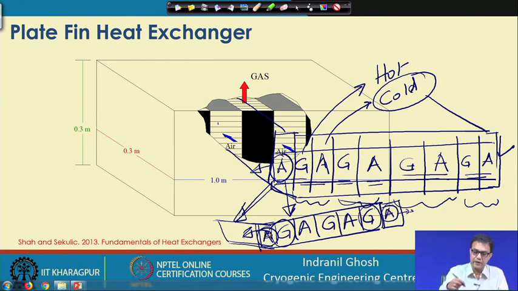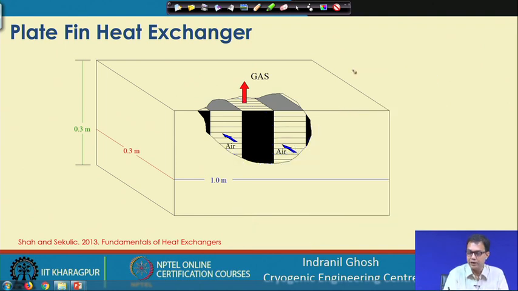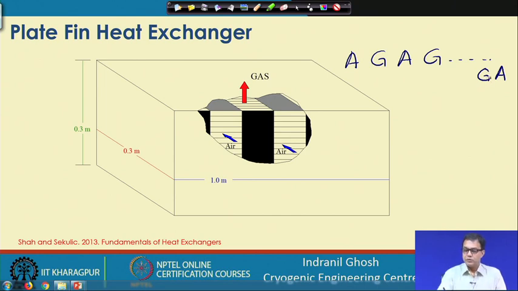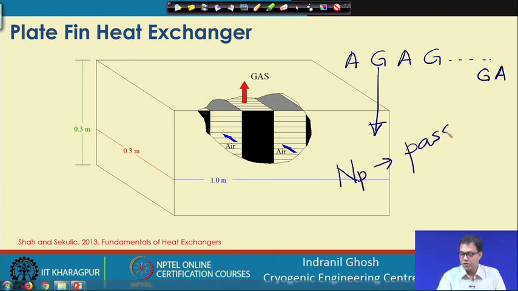So, for this entire heat exchanger we have air, then gas, air, gas, like that, G A. Now say there are N p number of passages for the gas.